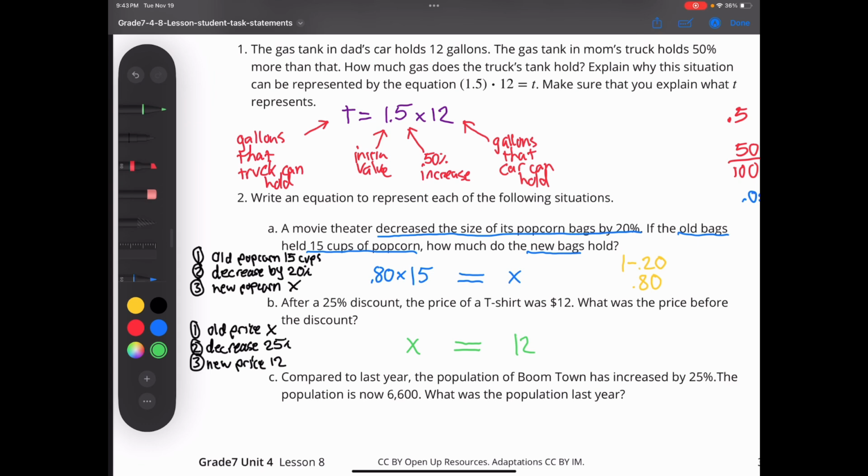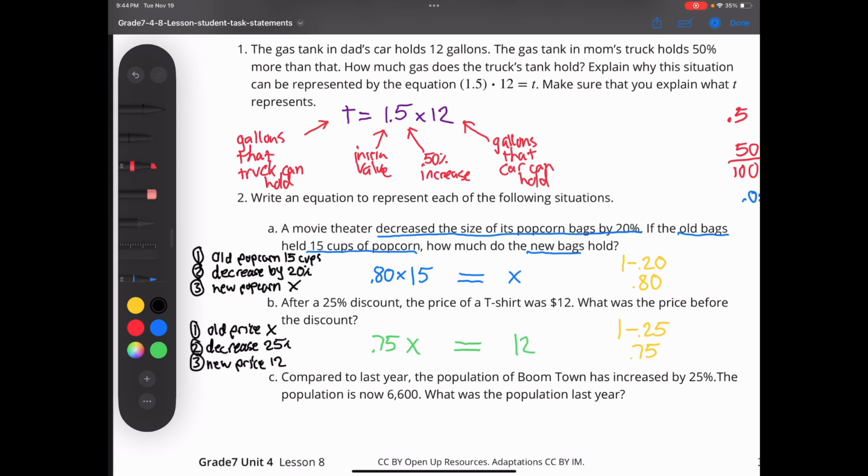The decrease has to be 1 minus the percentage. 1 minus 0.25, which is 0.75. And we're decreasing the original value, which is X. So 0.75x is 12. And that is the equation for the t-shirt discount. If you decrease something by 25%, you're taking 75% of it. That's the idea behind this equation.